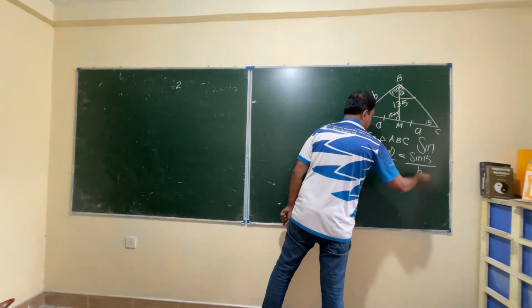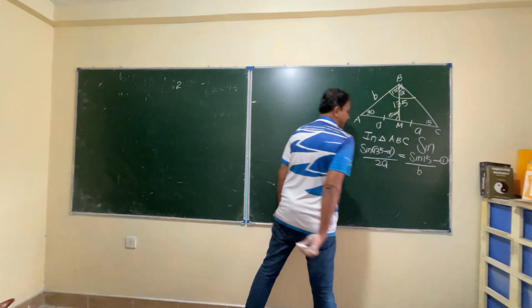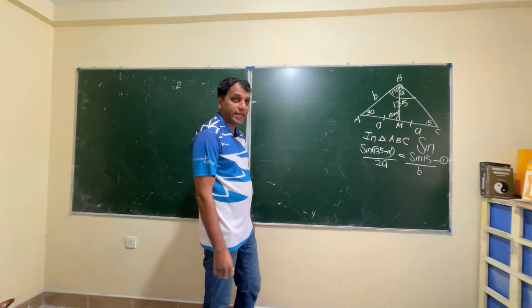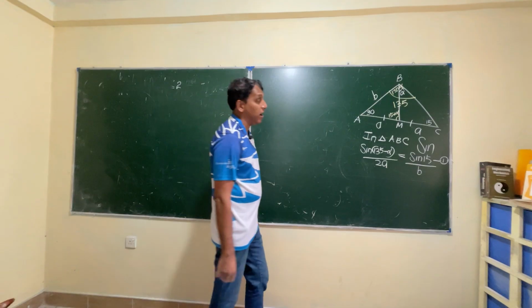Okay, that's the first equation. Now try to get another equation in terms of AB and alpha.